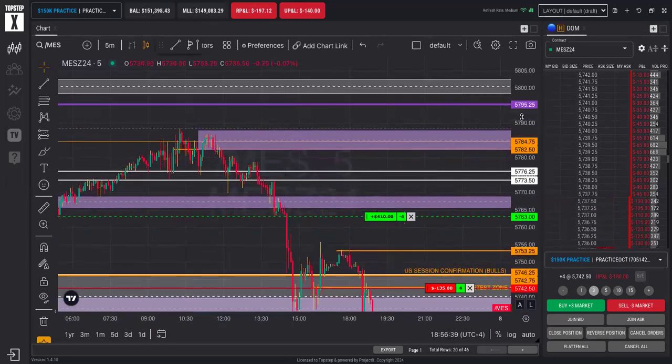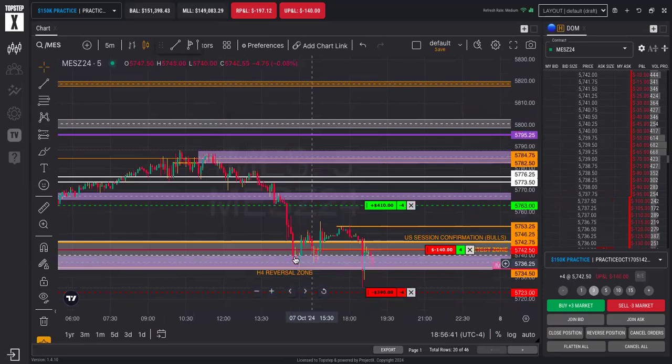So now look what happened. Price drops all the way back to its floor where it set the original levels during the US session. And now we're making a decision from here. You see what I'm saying? Now we're getting back to where we set this floor before, or we set this decision level before.